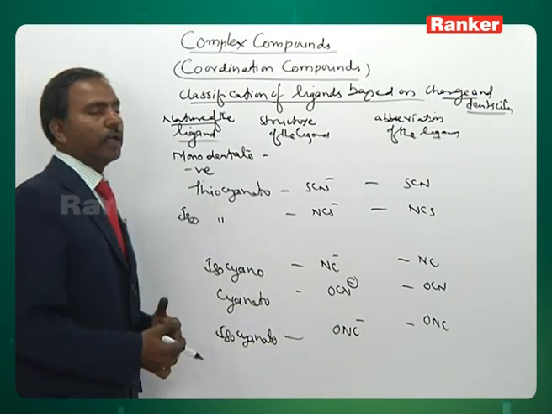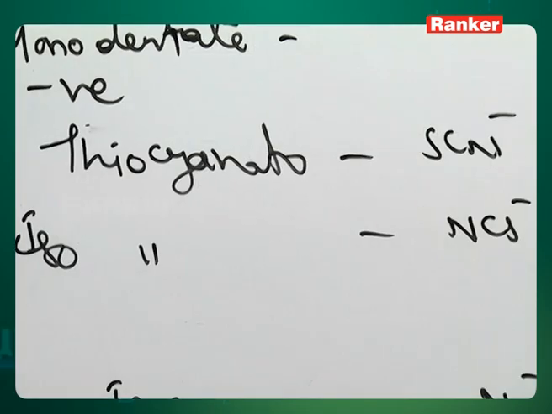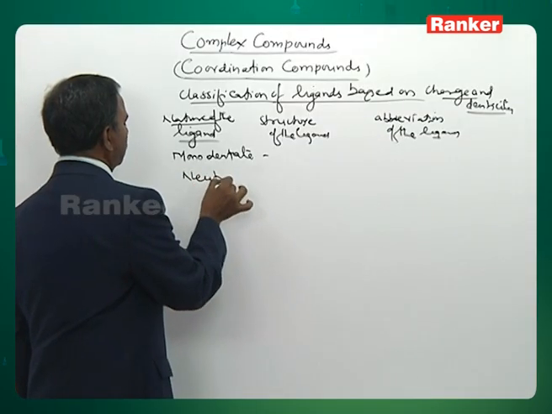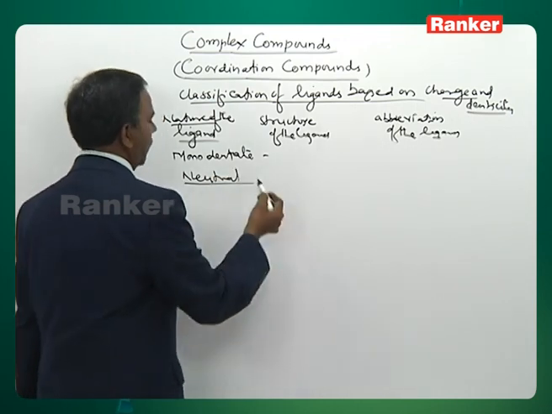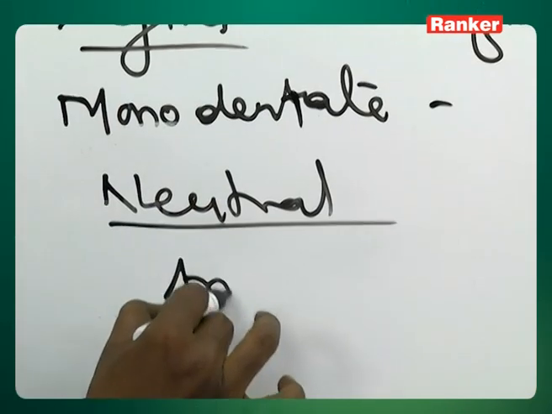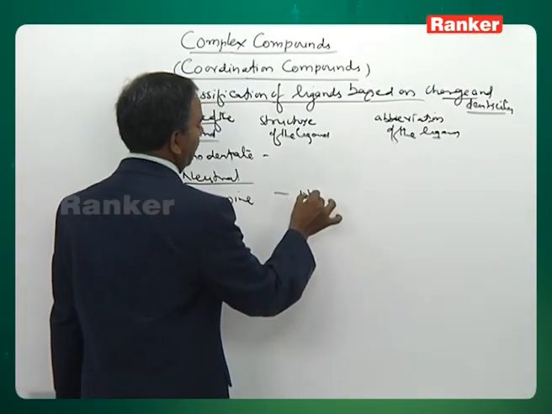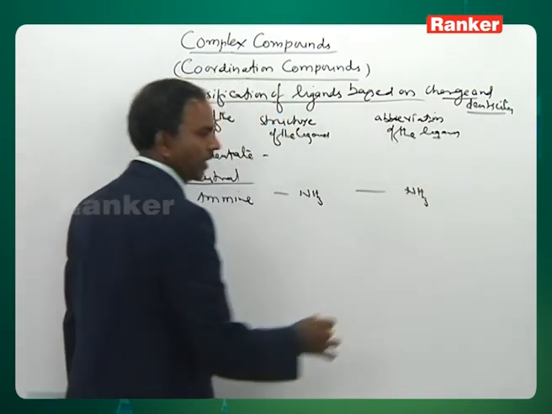In the same way, monodentate neutral ligands are there. Let me show some of the monodentate neutral ligands. Under monodentate neutral, let us take amine. Amine is simply NH3, and it is also shown as NH3 in the complex.